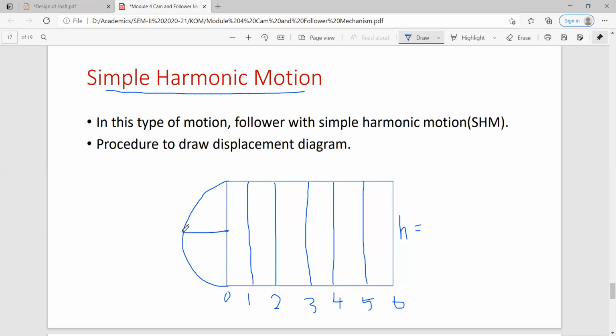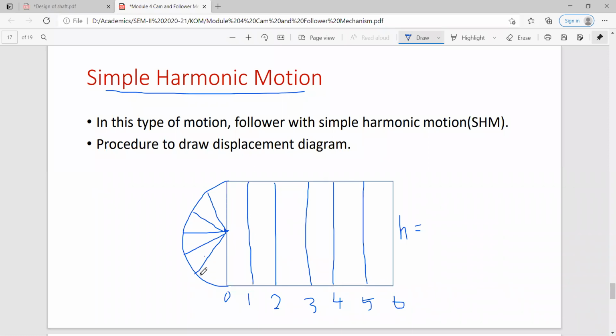So this gives two parts of 90 degrees. Now this 90-degree part you have to divide into 3 parts, each one of 30 degrees: 30, 30, 30. Here also you divide it into 3 parts. So in total, 6 parts.